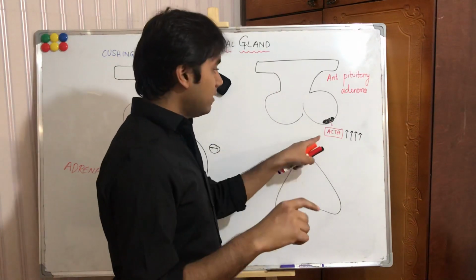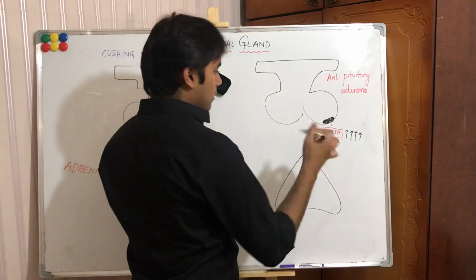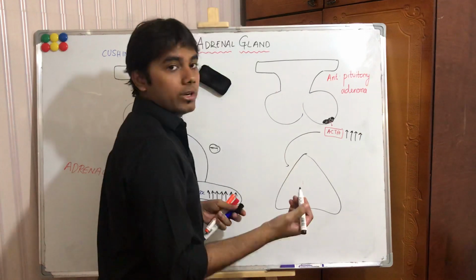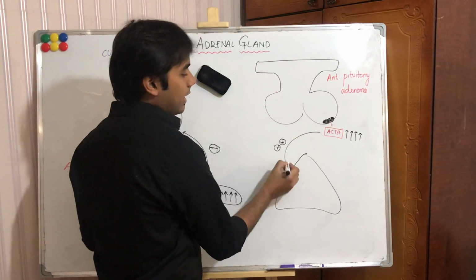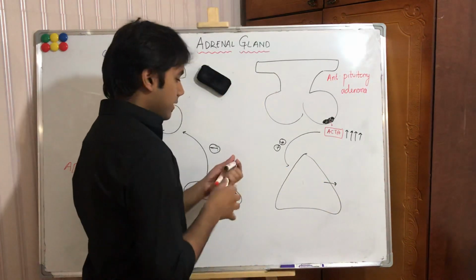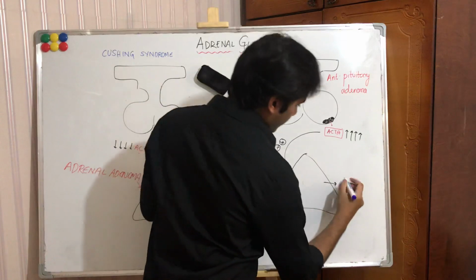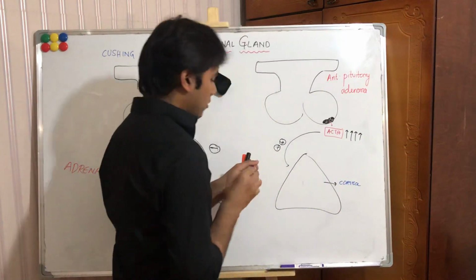This increased secretion will activate adrenal gland, I think you know the remaining story, right? Increased secretion will have a positive influence on the adrenal gland, and adrenal gland also will release very high cortisol.